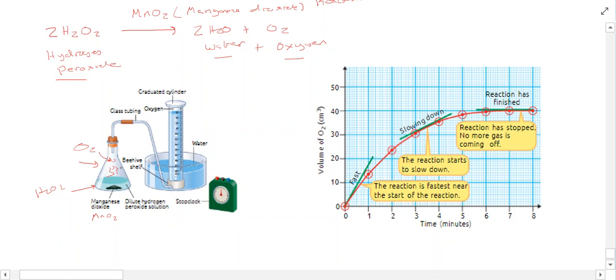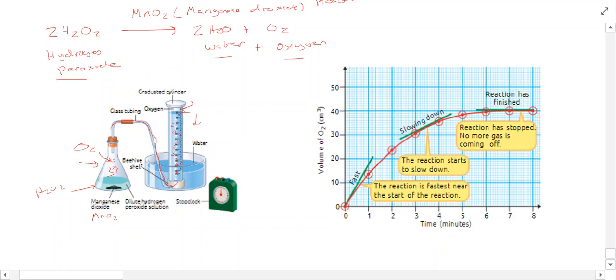The oxygen is going to travel down this glass tube, go in underneath here, and bubble up like this, and it's going to start to fill this space up here. As more and more oxygen is produced, the level of the water is going to decrease.